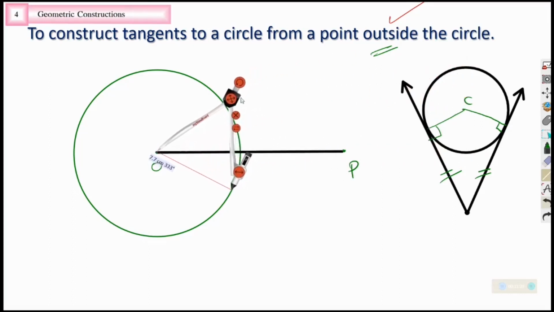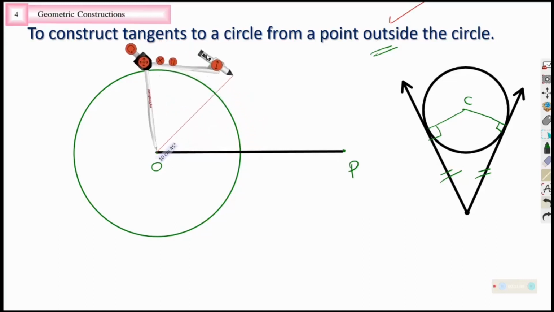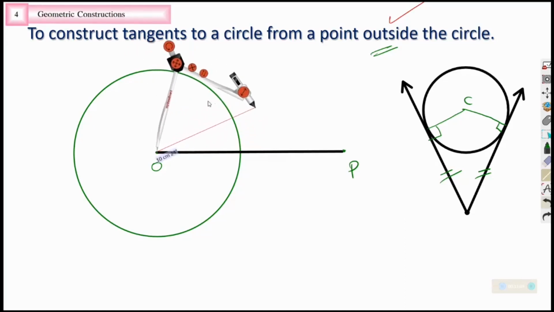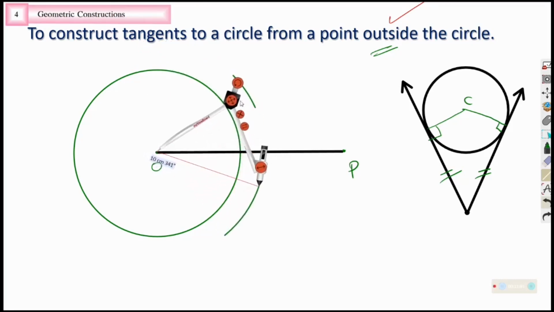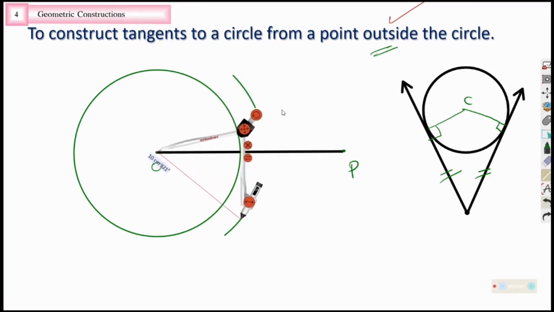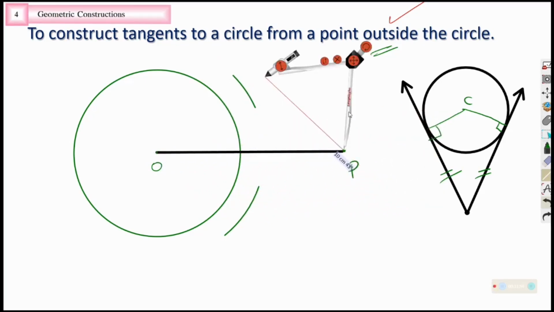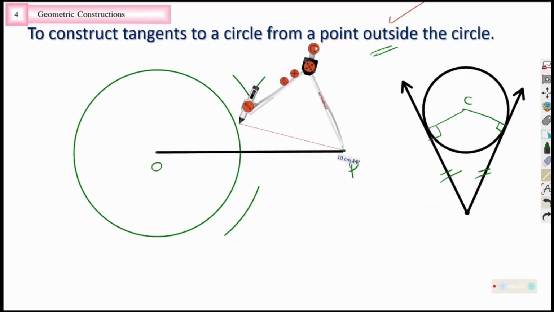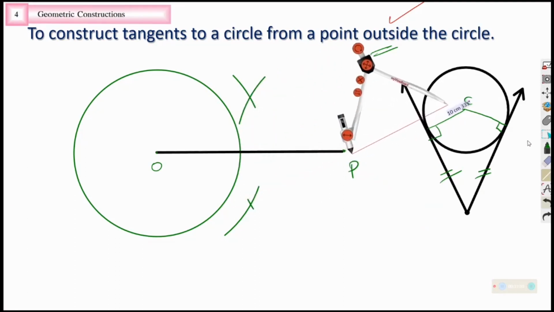Bring the compass, keep it here, expand to more than half, mark here, mark on the other side, take it to the other side, tilt, mark, mark. This is the perpendicular bisector if connected.